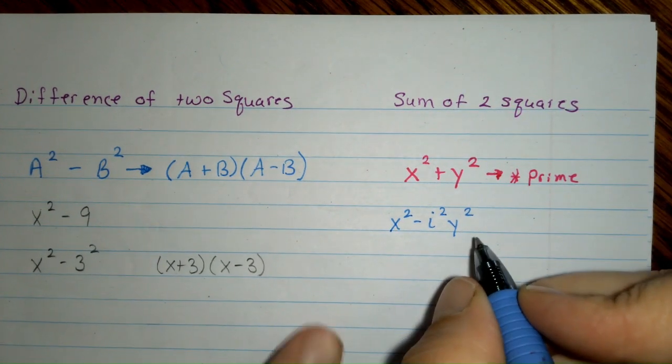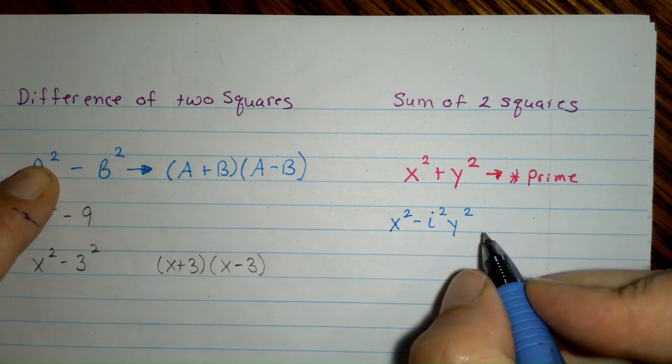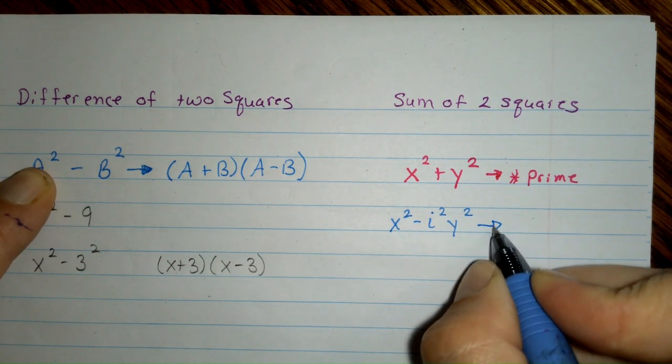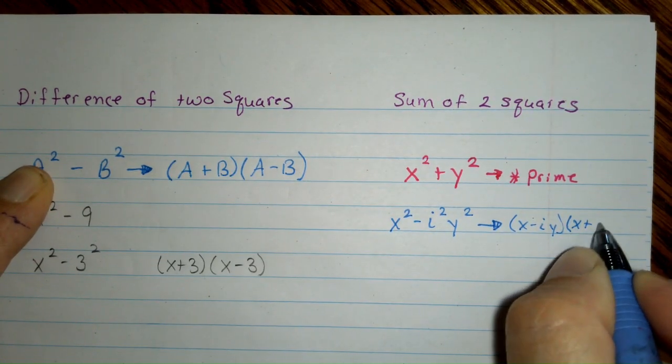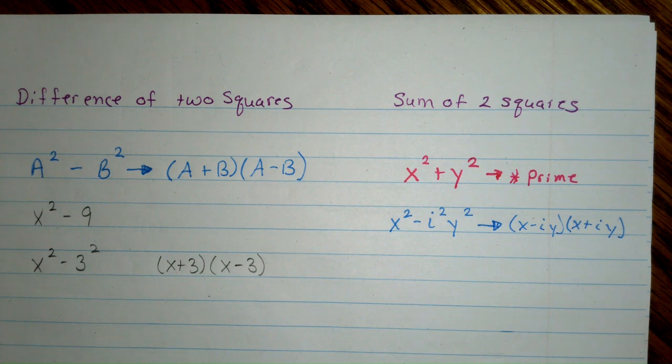And then it becomes a difference of two squares. And now that's x minus iy, x plus iy, if you're working in complex numbers. So keep that in mind. A sum of two squares can be changed to a difference of two squares by using complex numbers and then going back.